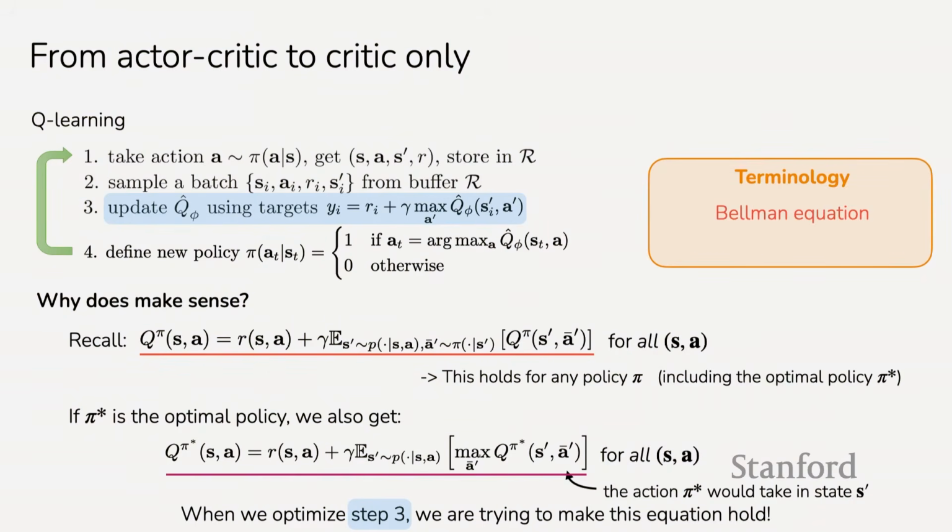And the second equation is called the Bellman optimality equation because it's specifically for the optimal policy. Sometimes people also informally call the second one a Bellman equation as well. But officially the first one is the Bellman equation, the second one is the Bellman optimality equation. You can derive equations like this for the value function V instead of the Q function, and people often also refer to those as Bellman equation and Bellman optimality.